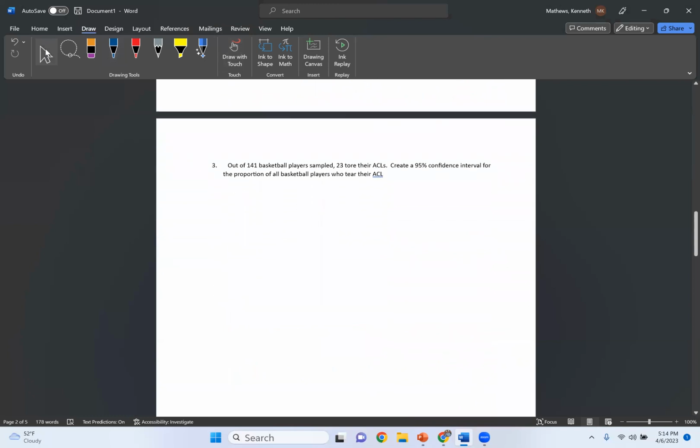Okay, out of 141 basketball players sampled, 23 tore their ACLs. So create a 95% confidence interval for the proportion of all basketball players who tear their ACLs. All right, so we have n equals 141. This is proportion, so it's a z distribution. P hat is equal to 23 over 141.